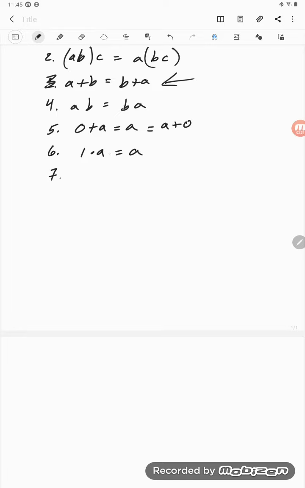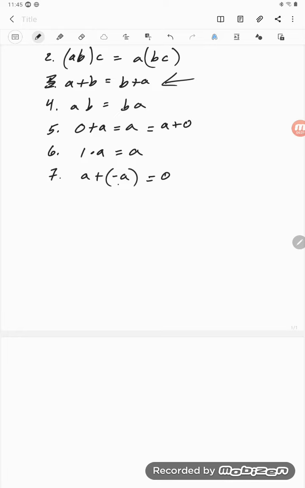7, additive inverse. Now, this is where you have to be a little careful. There's this element called negative A, and if we add negative A to A, we get 0, and so our field has to have that. You want to be a little bit careful about immediately going to subtraction, okay?